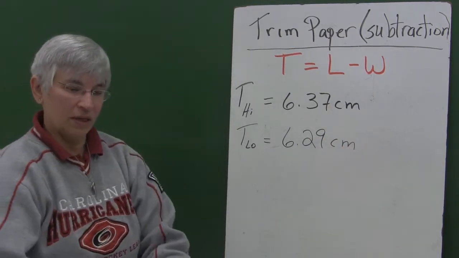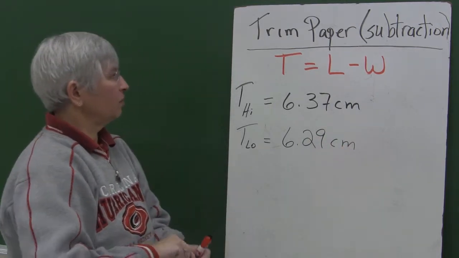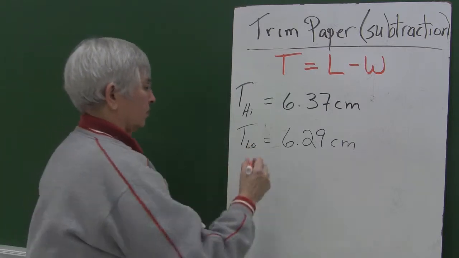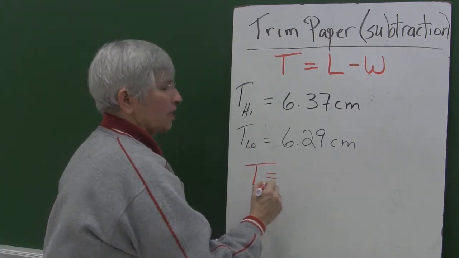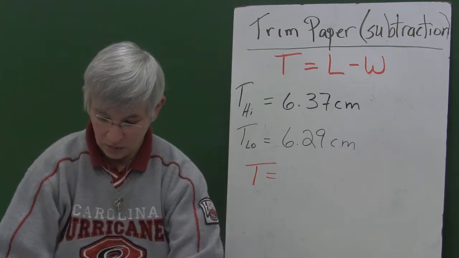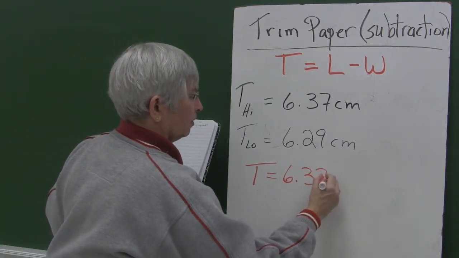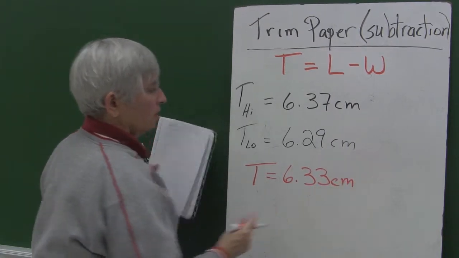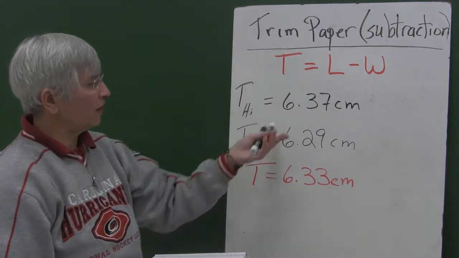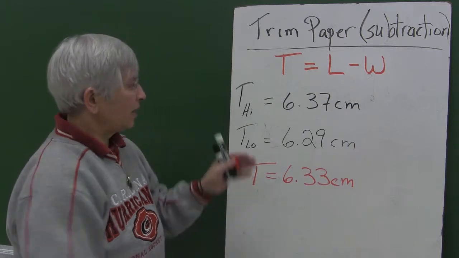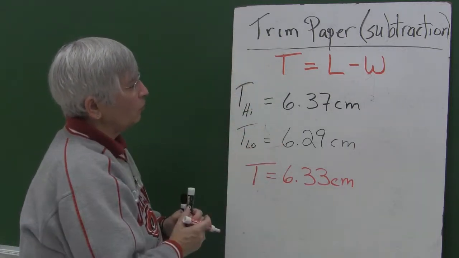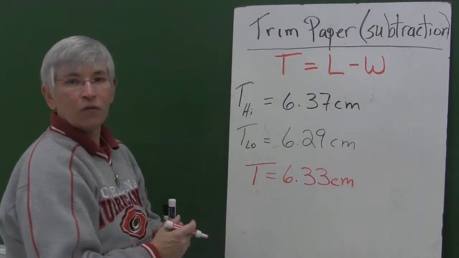But when I'm doing the actual calculation for the trim, I would take the values that I had measured earlier to get 6.33 centimeters. And now I can compare with the values that I could possibly get, and I can see that my range goes up by 0.04 centimeters or down by 0.04 centimeters.